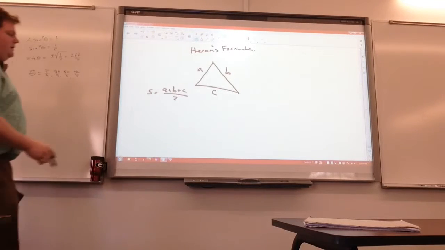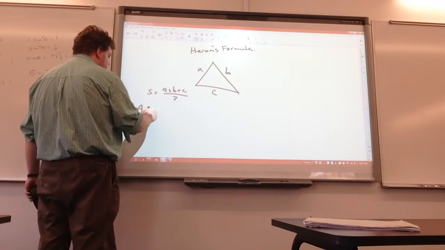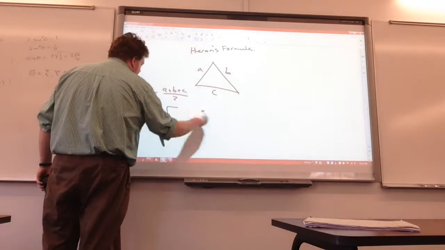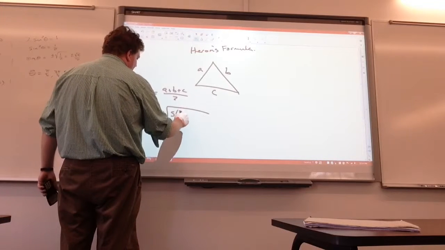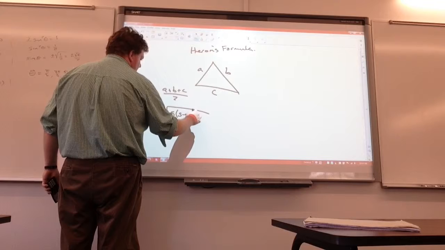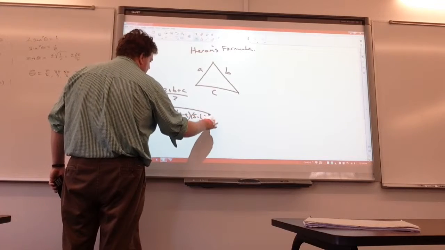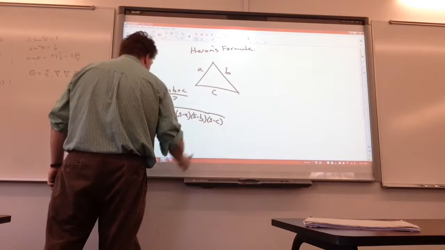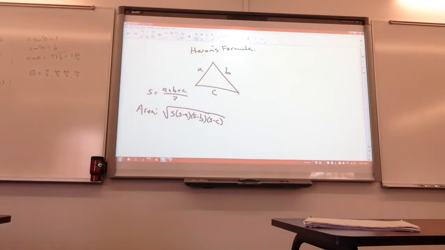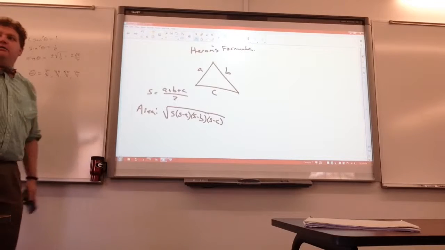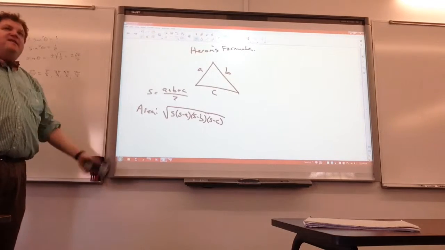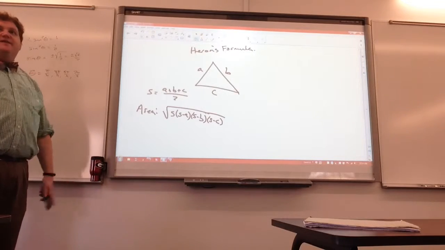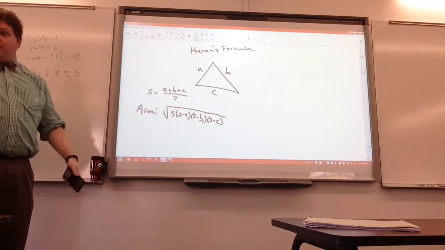And then the area of the triangle is equal to the square root of S times S minus A, S minus B, and S minus C. Square root of all that, and that will give you the area of the triangle. So I no longer need to find the height of the triangle or determine its base. If I've got the 3 sides of the triangle, I can dump it into this formula and always have the area.